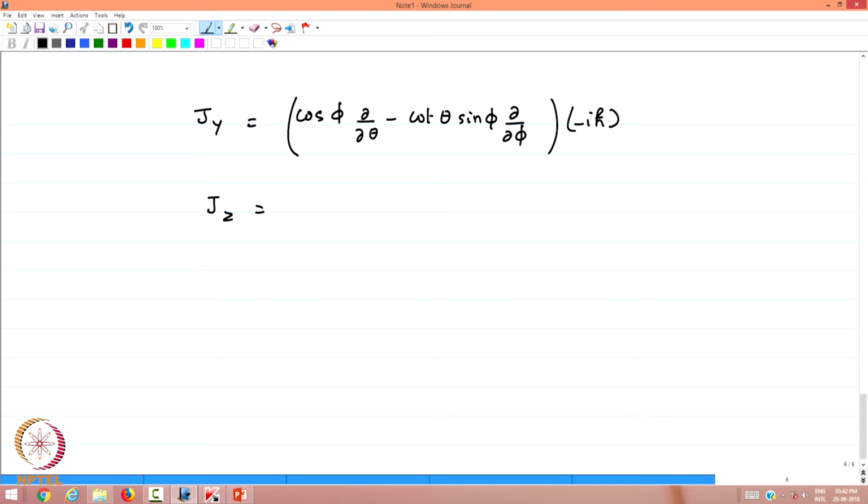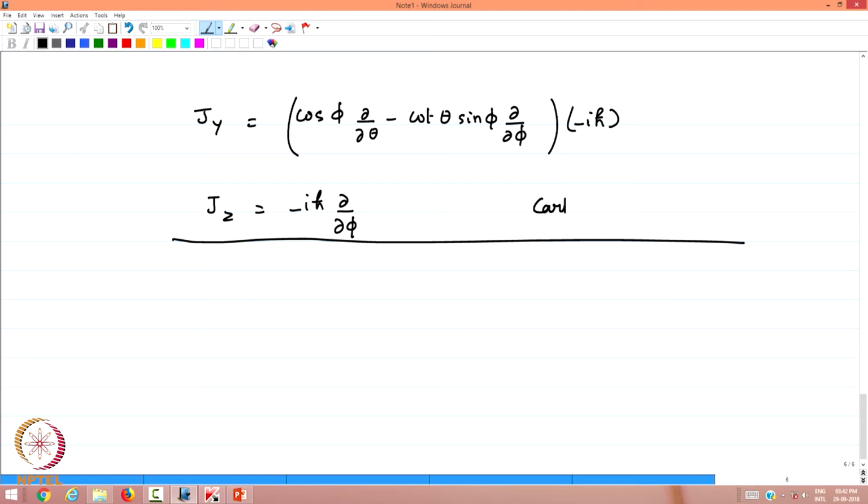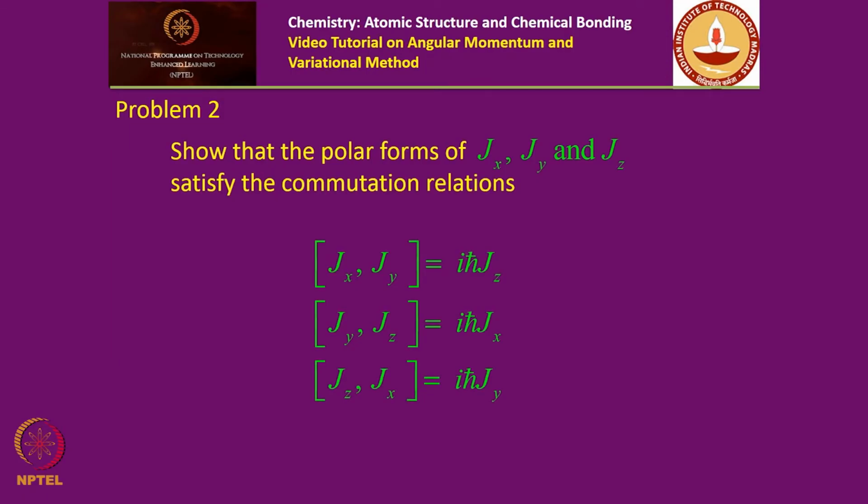You have already seen Jz in the particle on a ring as well as in the hydrogen atom, and that turns out to be simply minus iħ ∂/∂φ. So, this is how you do the three components of angular momentum in spherical polar coordinates using the Cartesian to spherical coordinate transformation of variables x, y, z to r, θ, φ. So, that is the first problem.